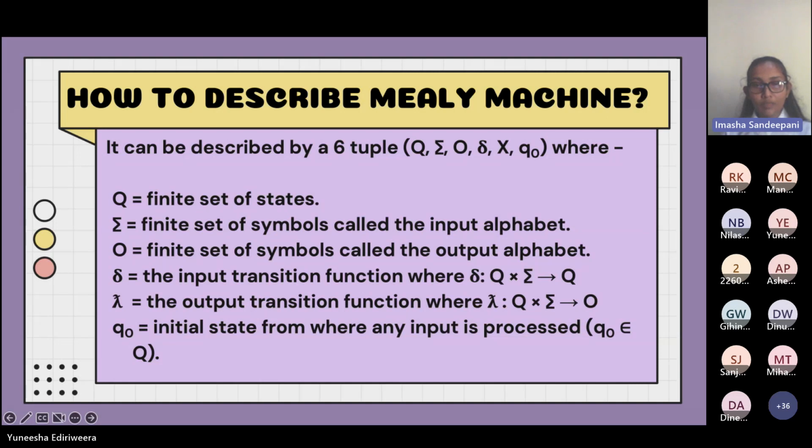So, how do we describe a Mealy machine? Unlike DFAs and NFAs, Mealy machines are described using a 6-element tuple. This tuple consists of Q, which denotes the finite set of states, sigma, which represents the input alphabet, O, representing the output alphabet, lambda representing the output transition function, delta representing the input transition function, and q0 representing the initial state from where any input is processed.